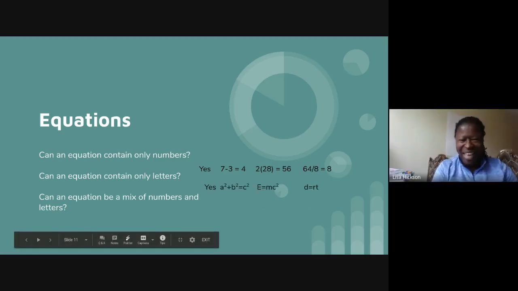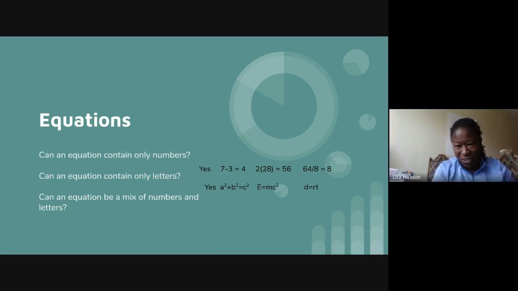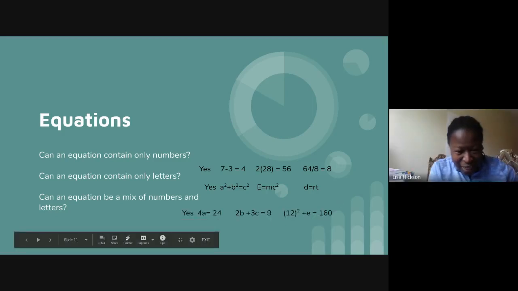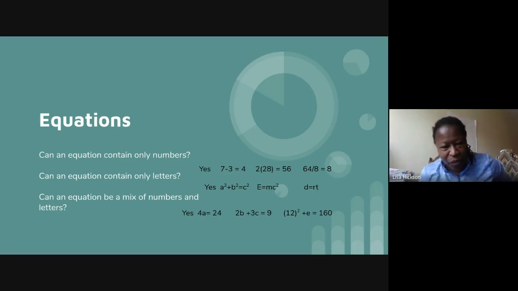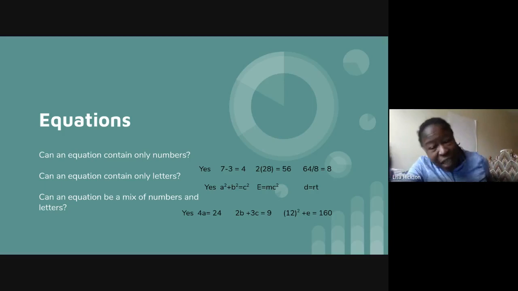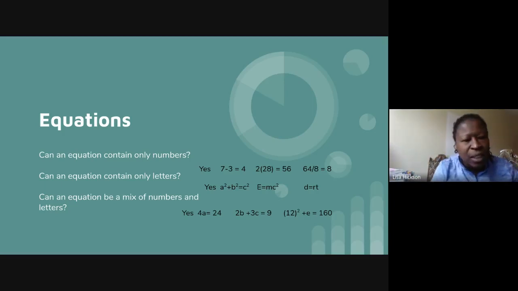Yes, it can only have letters. And yes, it can also be mixed. Okay? So, those are all of the equations. And again, you all have seen these things. You may not think of them that way. You probably just call them all problems. But these are equations because they have an equal sign.